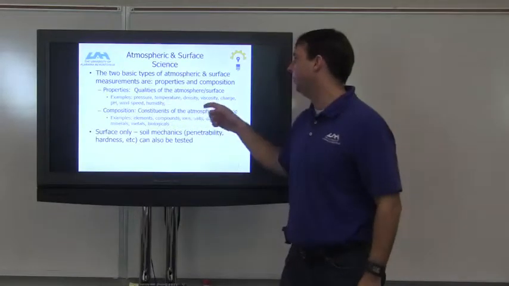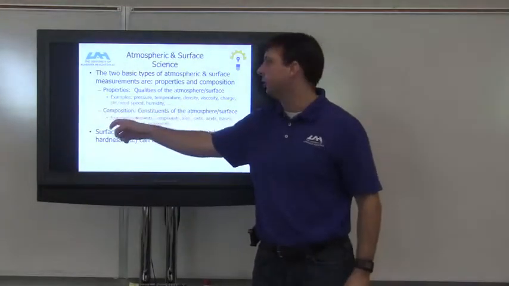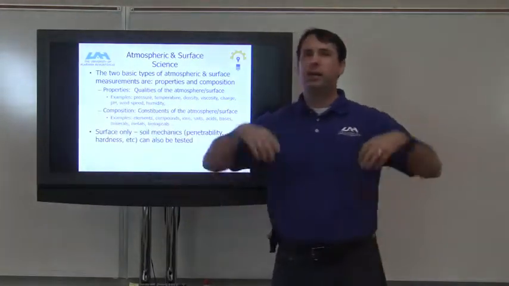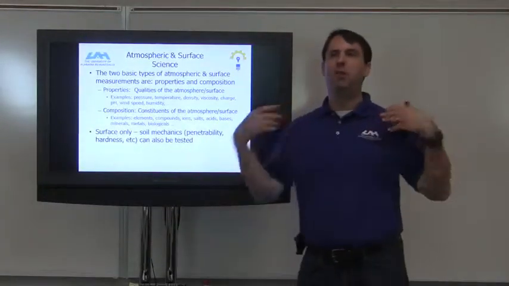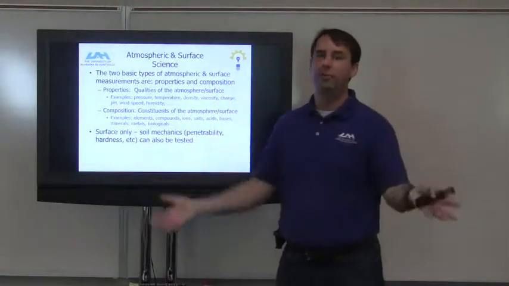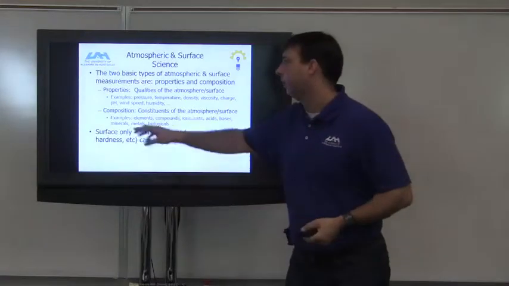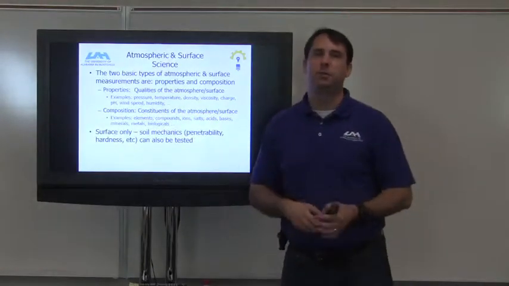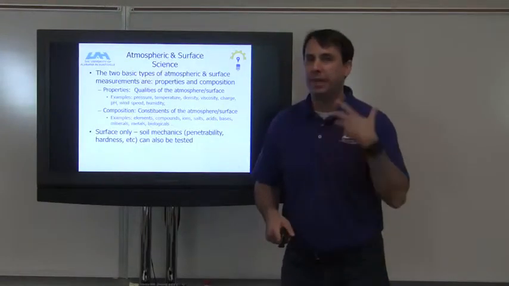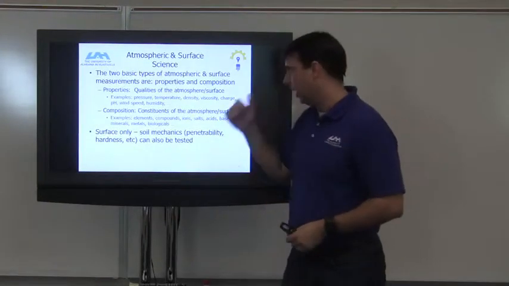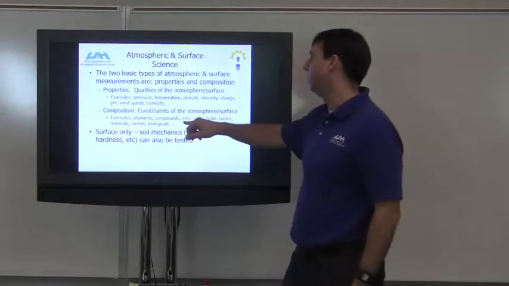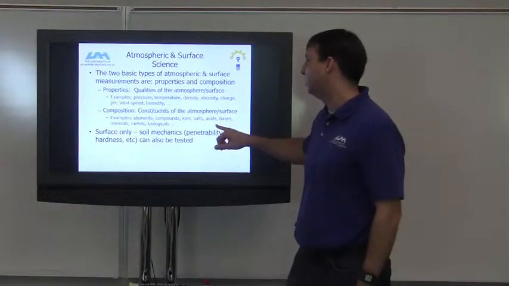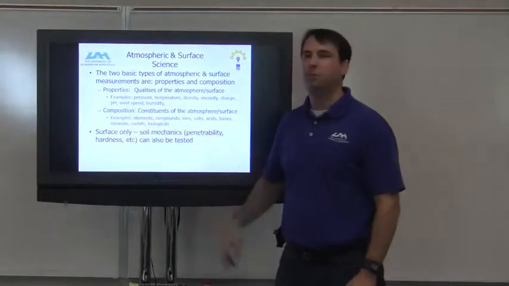Pressure, temperature, density, viscosity, charge, pH, wind speed, humidity, amount of lightning, precipitation, whatever. Those are properties. Composition is the constituents of the atmosphere or the surface, or of whatever you're measuring. Composition covers the elements, compounds, ions, salts, acids, bases, minerals, metals, biologicals.